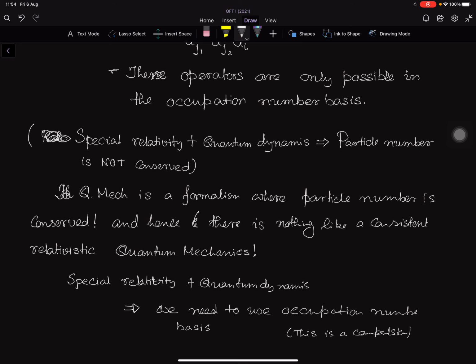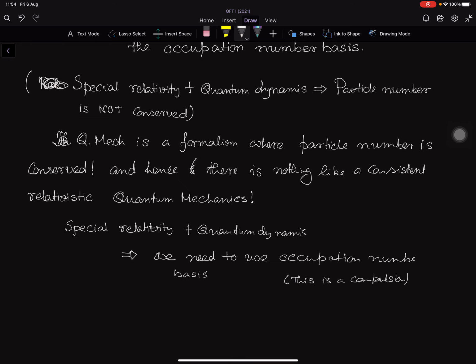Now, in the absence of special relativity, so in non-relativistic systems, we can use the formalism of quantum mechanics.